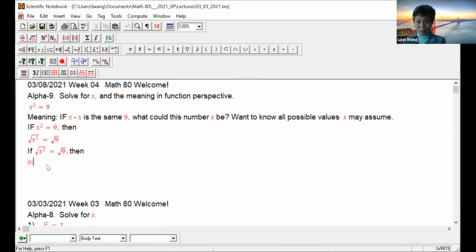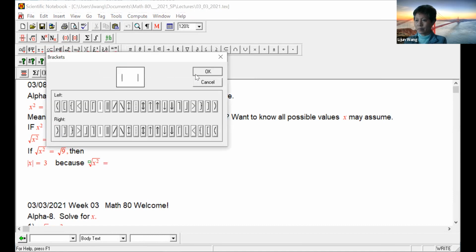We cover that very, very big time. So if this is true, then this is true, because the square root of x squared is equal to the absolute value of x.